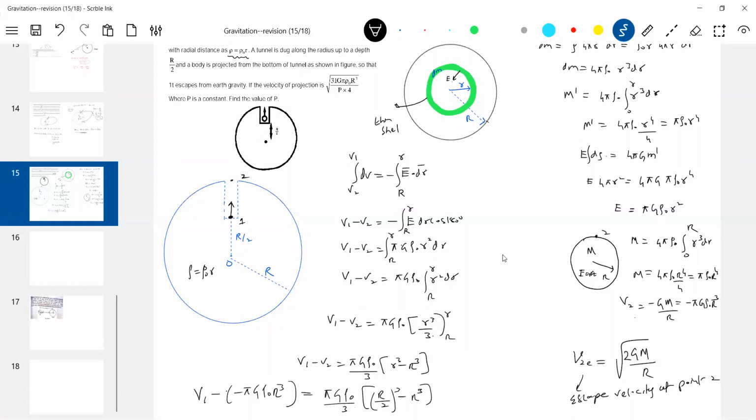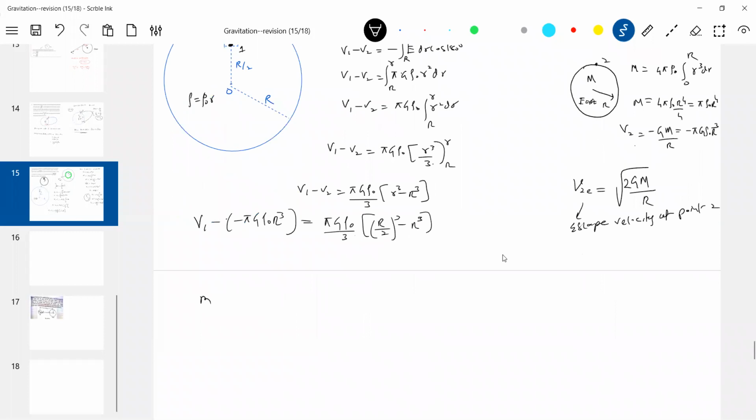Now with what speed should I project from point 1? Tell me what shall I do? I'll apply conservation of mechanical energy from 1 to 2. So what will the formula be? Small m is mass, small v is speed. m v1 square, plus the potential energy at that particular point, which you should calculate.